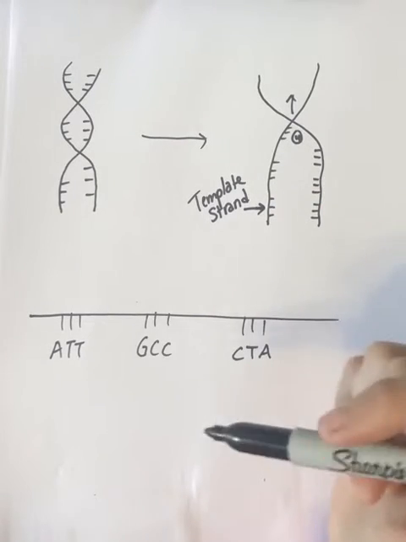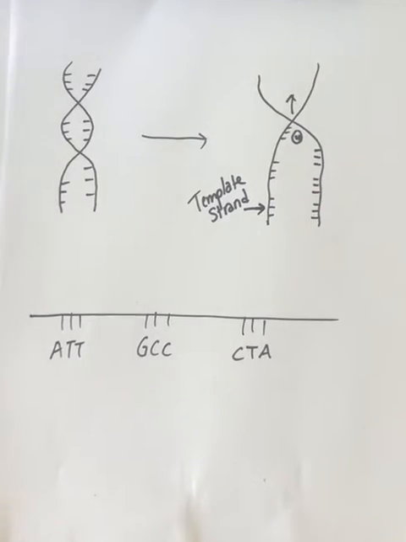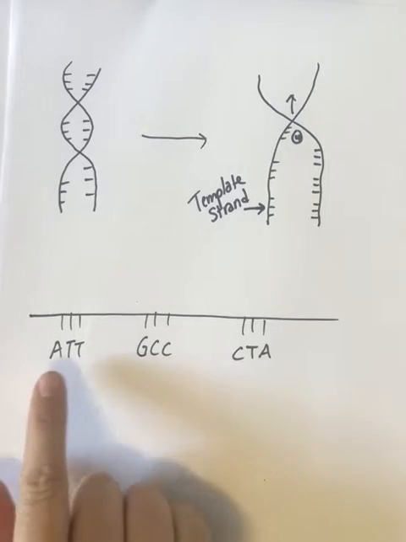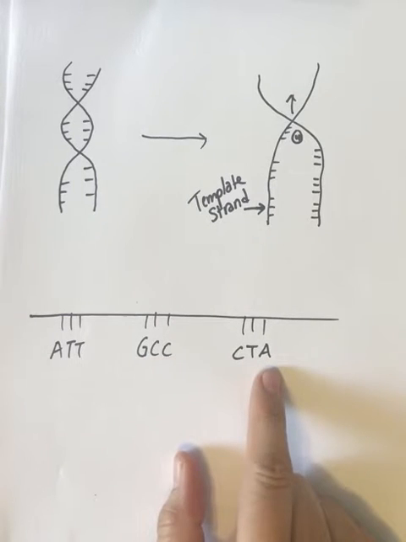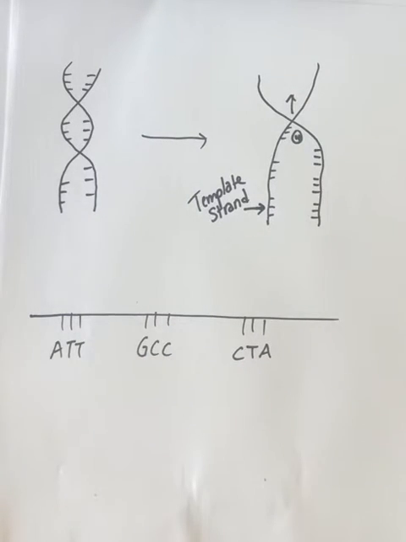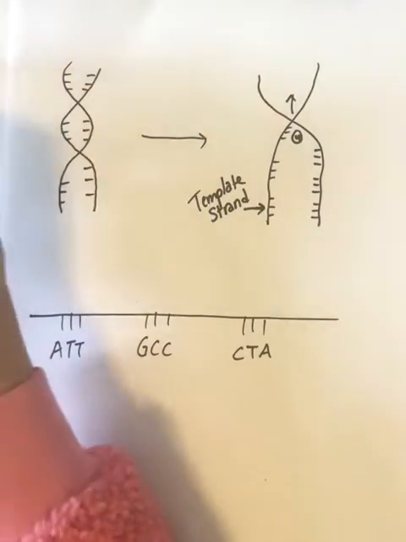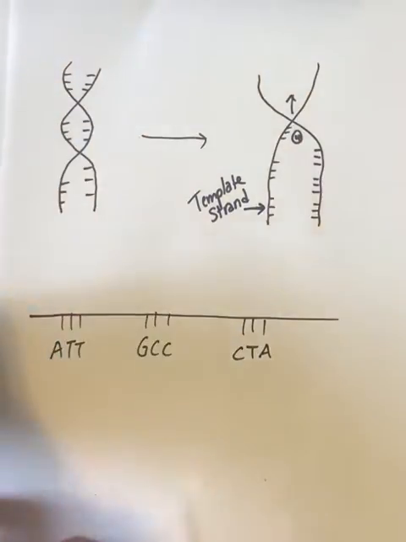Now we're going to put this into the Sanger sequence process, and what we have to do is basically take radioactive compounds and attach them to each one of these nitrogen bases. So in the Sanger sequence, what we do is we're going to use DNA polymerase for 4 different chemical reactions.